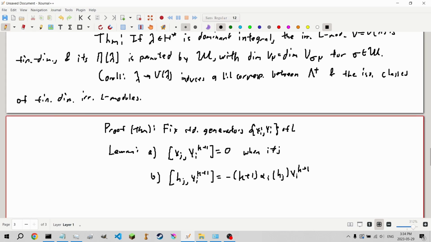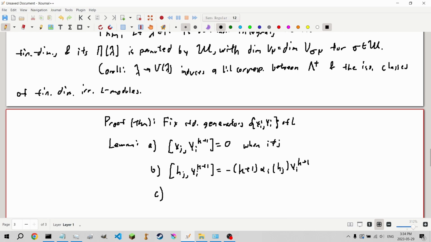And lemma c, the action of xi, I'm guessing, on yi to the k plus 1 is negative k plus 1 times yi to the k times k on 1 minus hi.